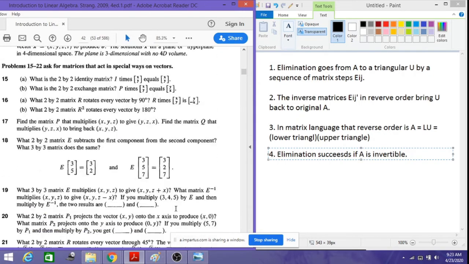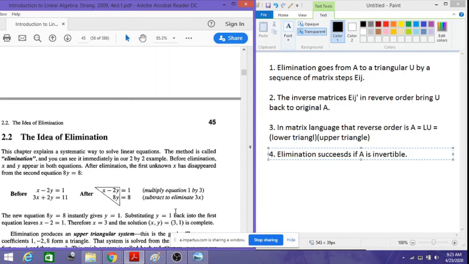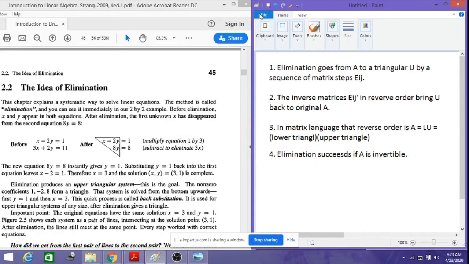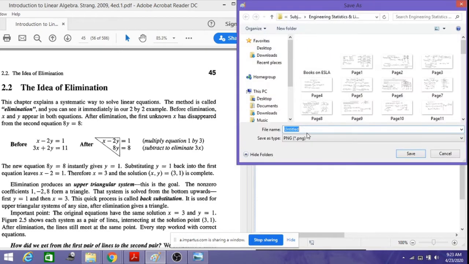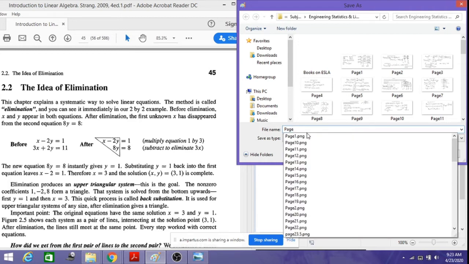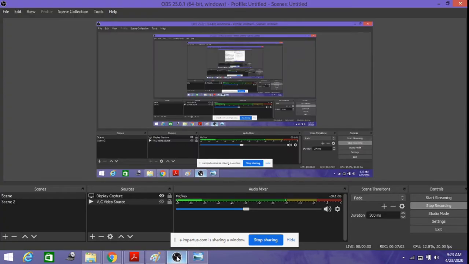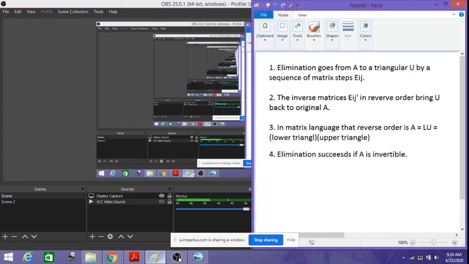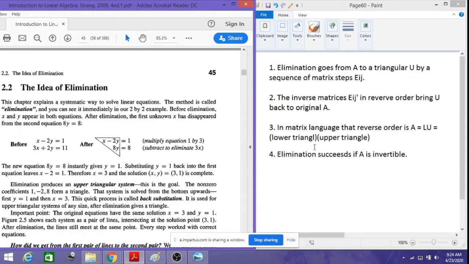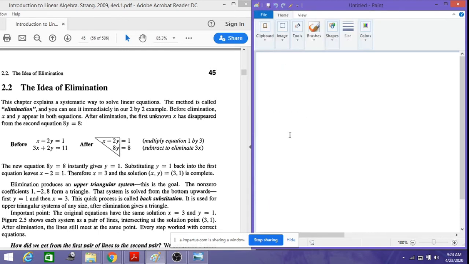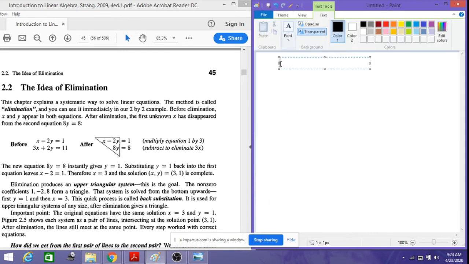Now we'll talk about the elimination matrix. Let me save this page here. The idea of elimination is very important.